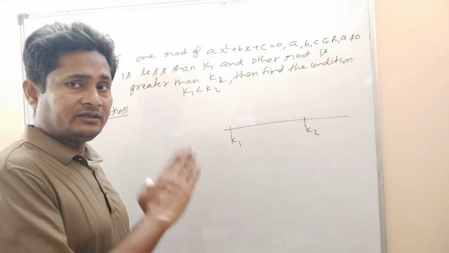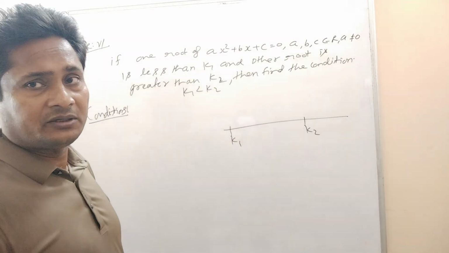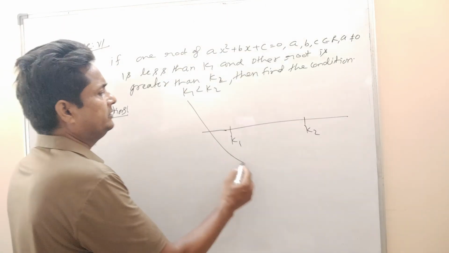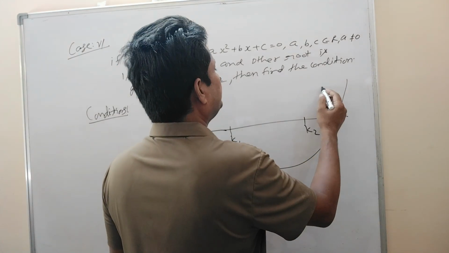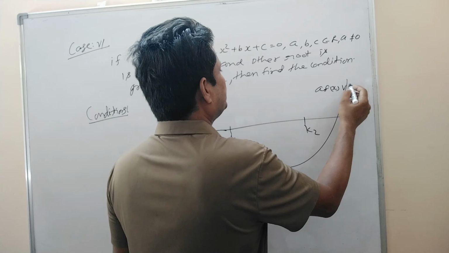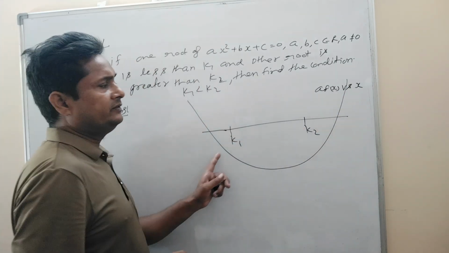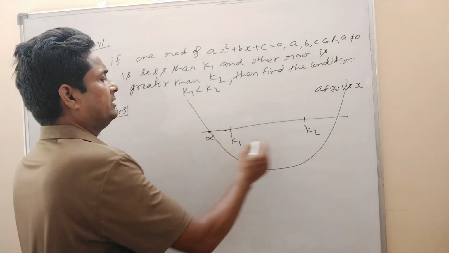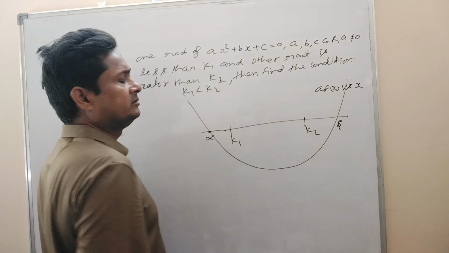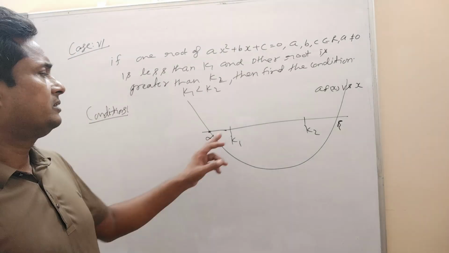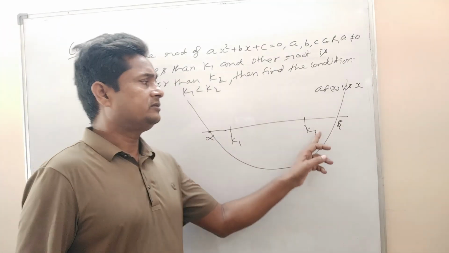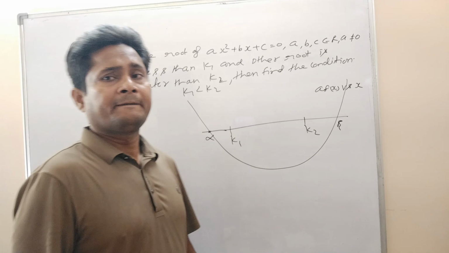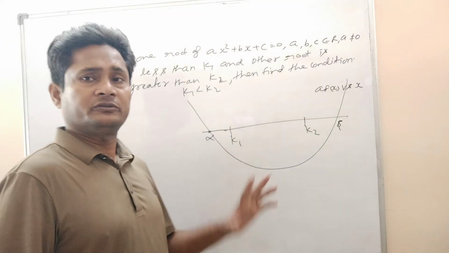If we draw the graph between A times f(x) versus x, then the graph will be like this one, because here this is alpha and this is beta. Alpha is less than k1 and beta is greater than k2. This can be the possible case.